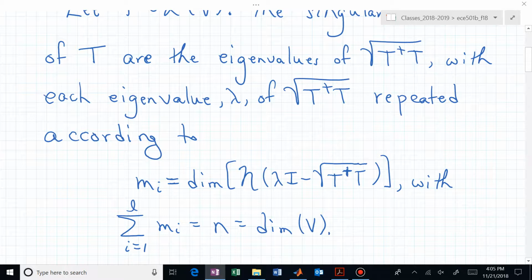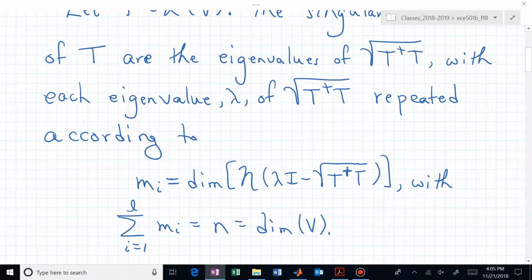corresponding to a given eigenvalue lambda. You could have all eigenvalues just having a one-dimensional null space, and then all of the m sub i's would be 1, and you would sum up those m sub i's, which in that case L would be equal to n, and we would just have 1 plus 1 up to n, where n is the dimension of V. We might have repeated eigenvalues of this positive square root of T dagger T operator, and that's what I mean by m sub i.